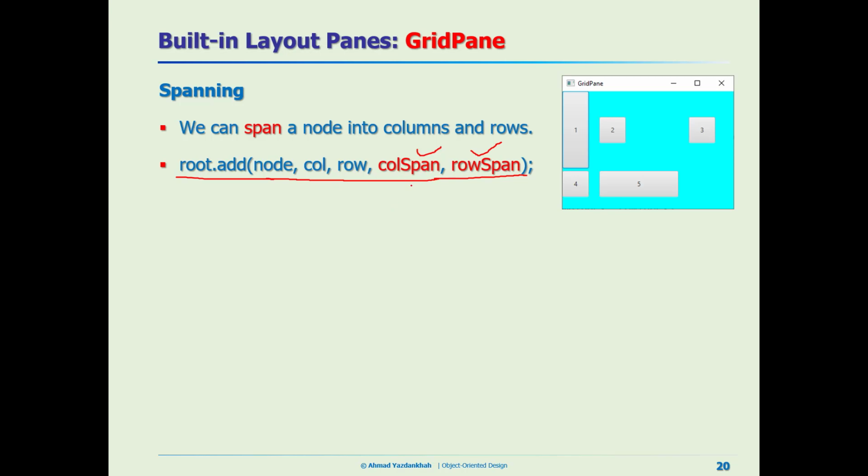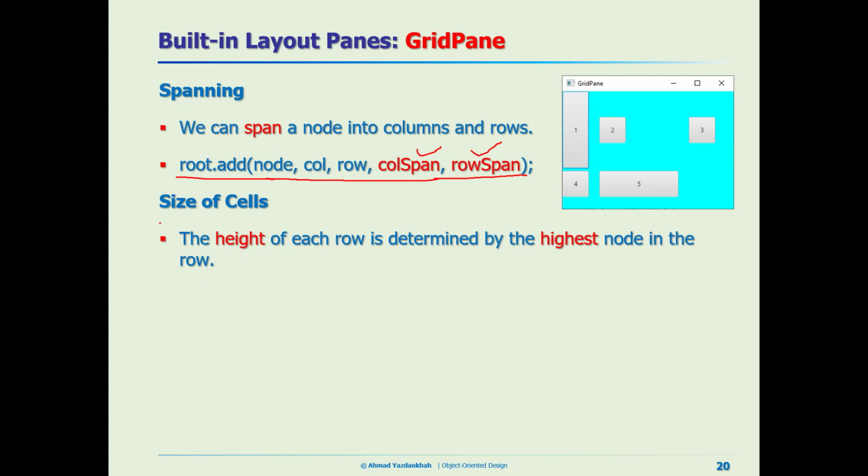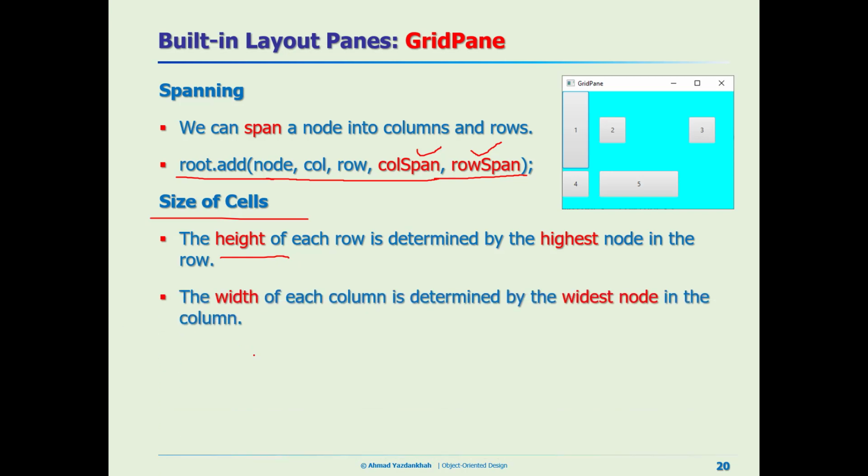By this simple difference from the previous method we saw, we can span our node in whatever way is required for that node to accommodate. And as I said, the size of the cells will be determined by the highest and the widest nodes that we have in this grid.